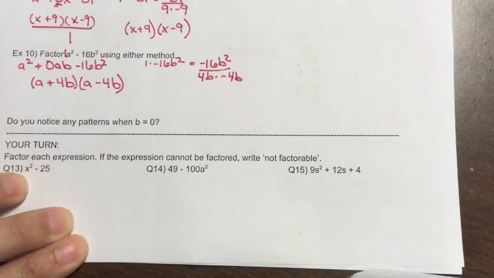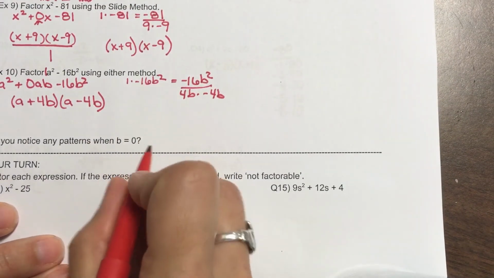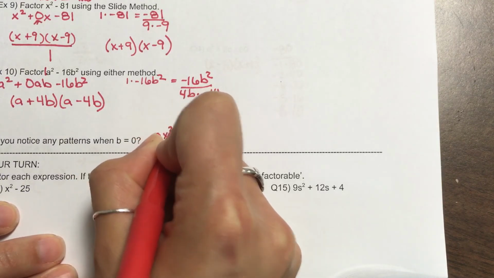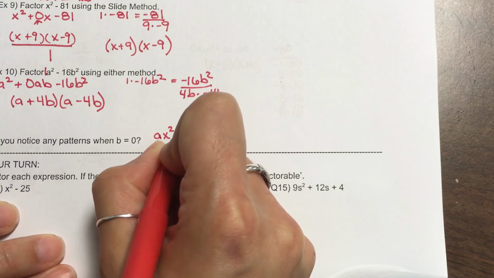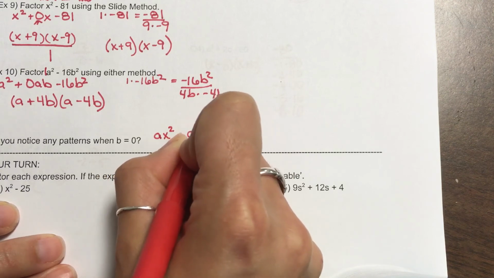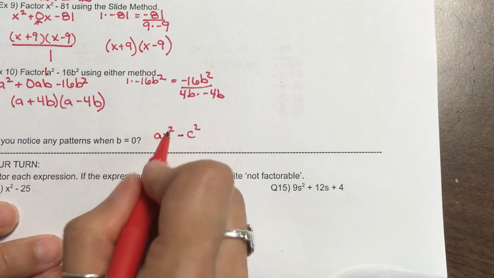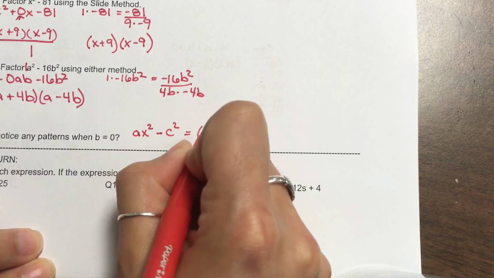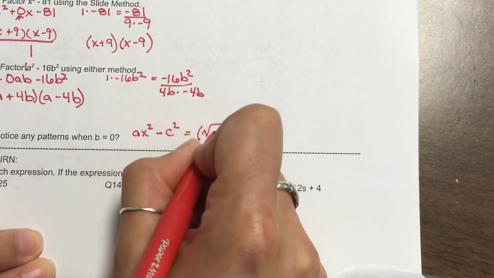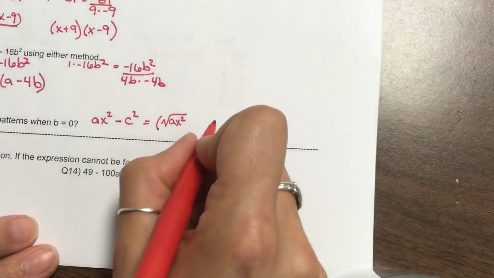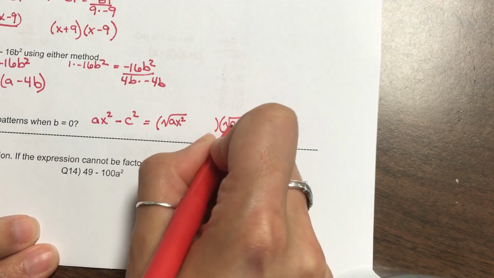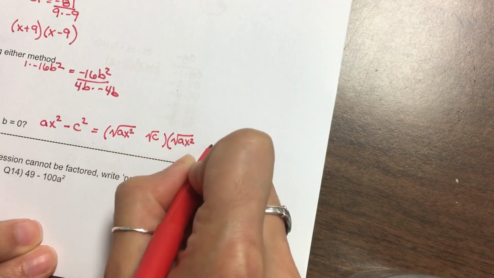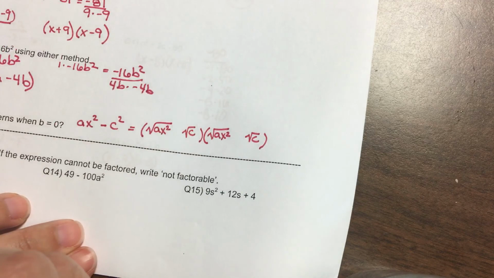So our special pattern here that we can use to our advantage is that when I have something that looks like ax squared minus c squared, when I have just that x squared term and my constant term, that's going to factor into the square root of my first term at the front of each factor, and the square root of my c term at the back of each factor.